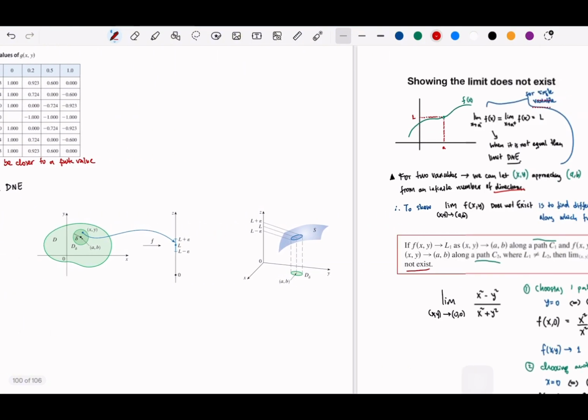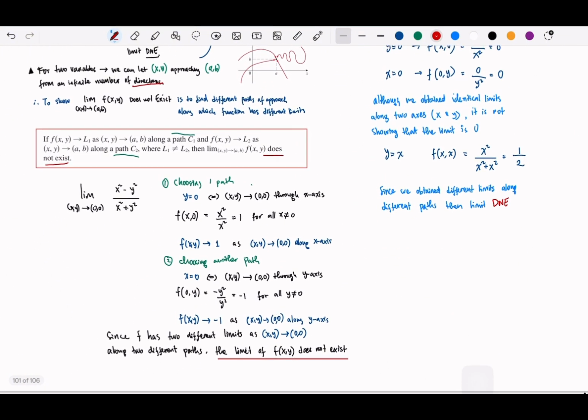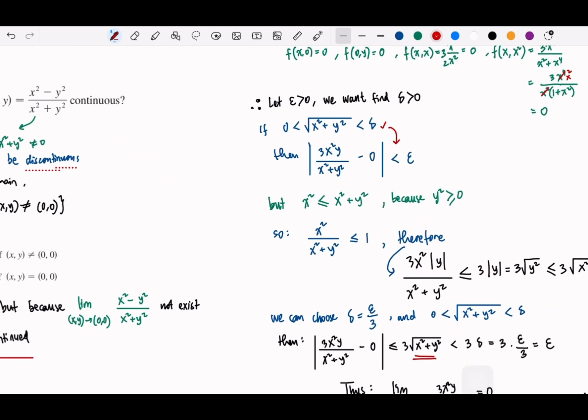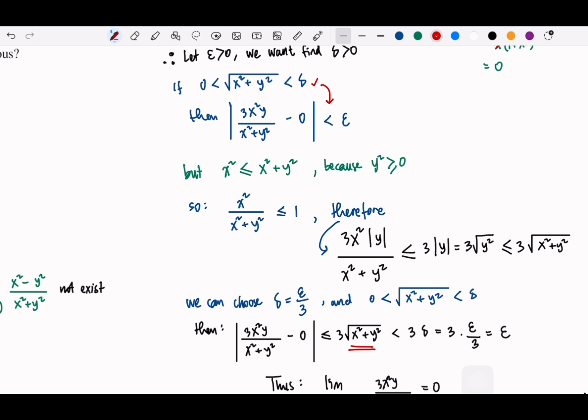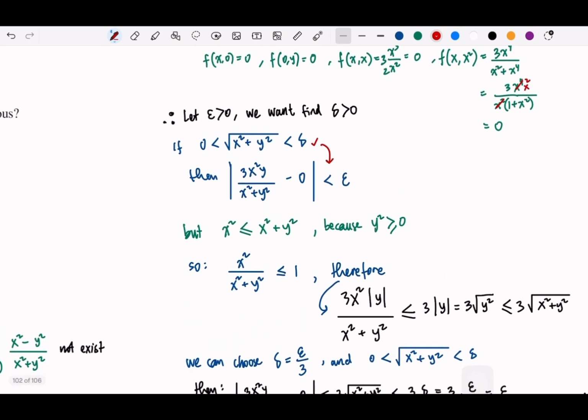Okay. So here, maybe let me write more, giving more expressions of what this means. The 0 means assuming that L is 0, and here (a, b) is approaching (0, 0).